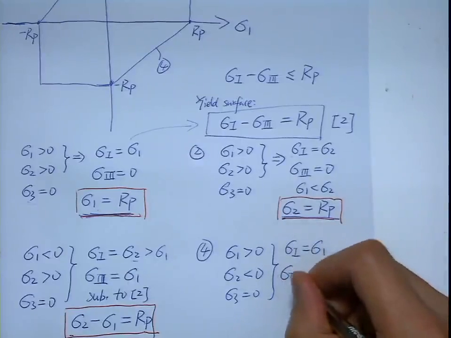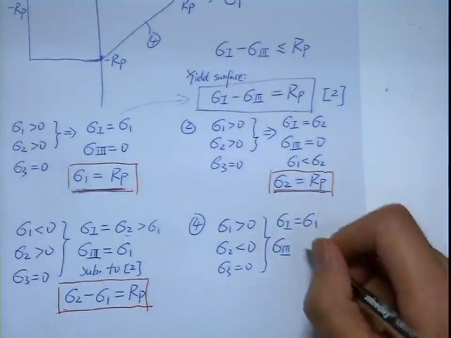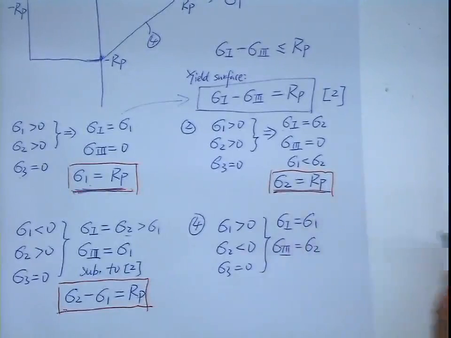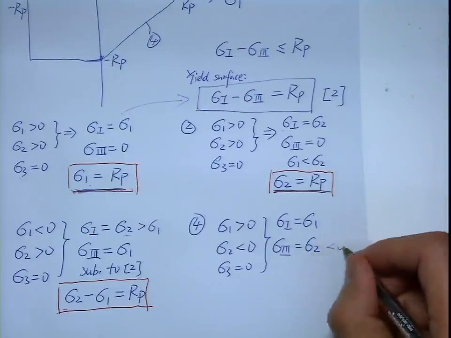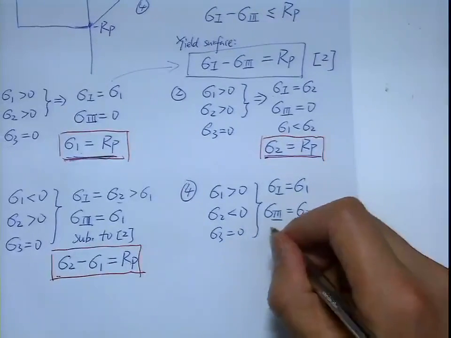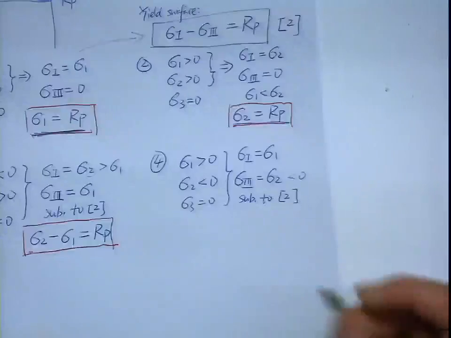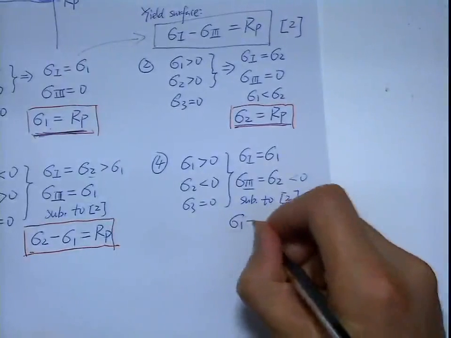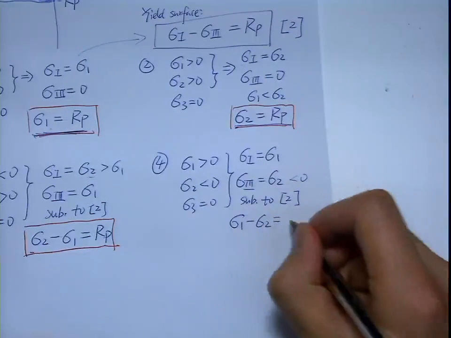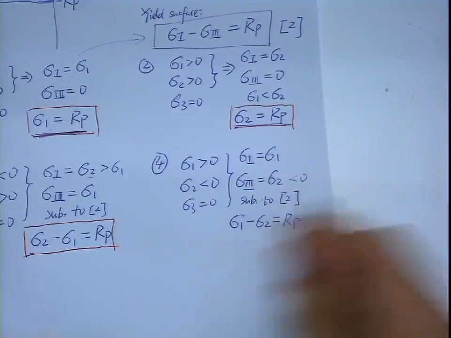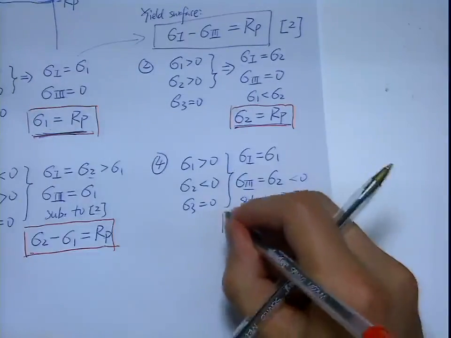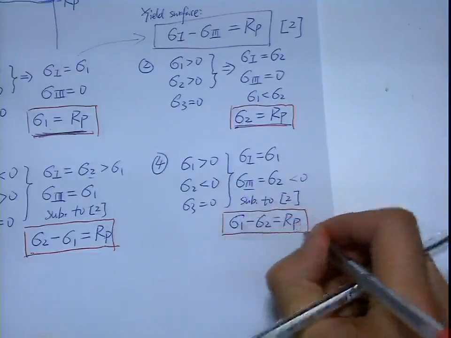Sigma big 3 is equal to sigma 2 because this one is negative. Similarly, sub that to equation 2. Now you get sigma 1 minus sigma 2 equal to RP. Okay. So looks like that. There is an inclined line, this line.